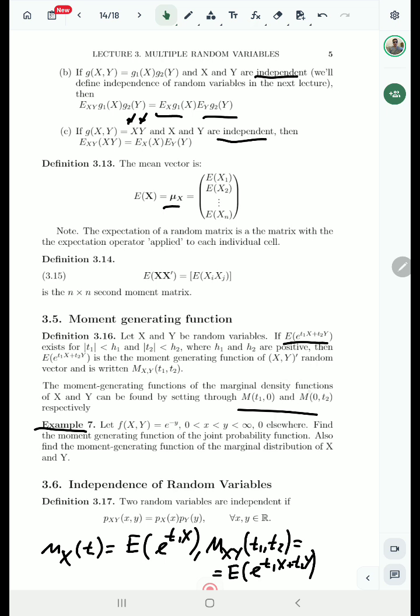And if you take the joint moment generating function and set t1 to 0, then you are receiving the moment generating function for the marginal probability density function of y. Okay, that is how it works.